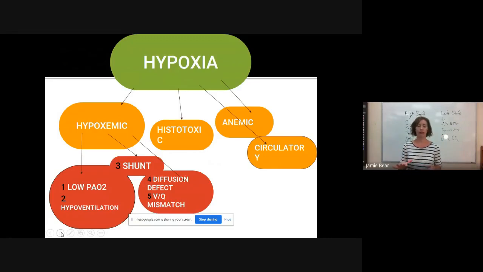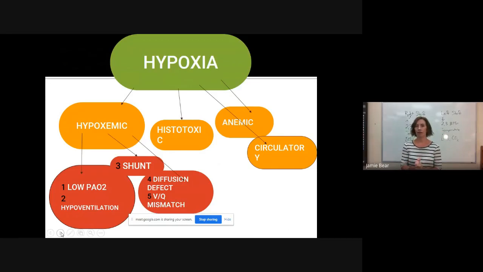If either your minute ventilation is low compared to your cardiac output, or your cardiac output is low compared to your minute ventilation, we're going to have a mismatch at the alveolar capillary membrane, and that's going to cause hypoxemia. That's the number one cause. Just something's wrong with your ventilation or your cardiac output.